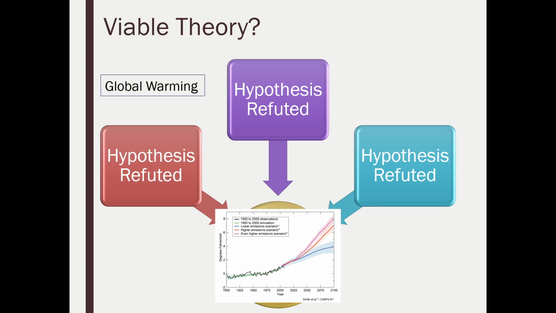And the blue line at the bottom is if we were to take action globally to reduce emissions, we might see the blue line. Those are the models that were generated back in, I think, 1985 or so. So the theory is no matter what, the global temperatures will continue to rise.